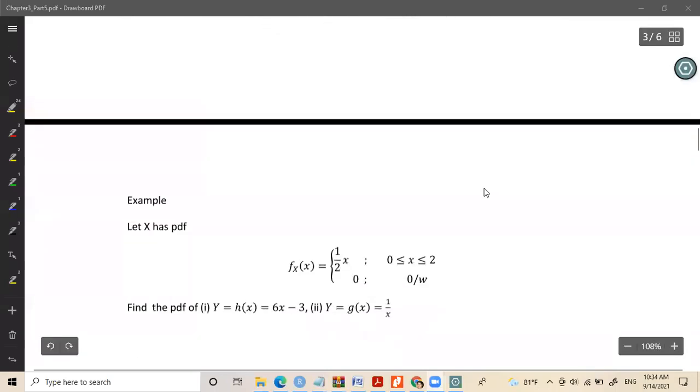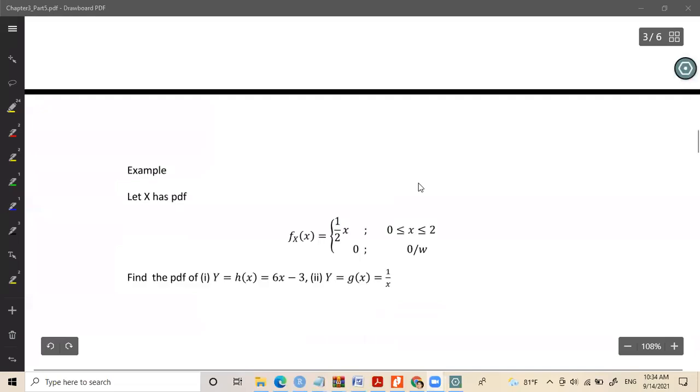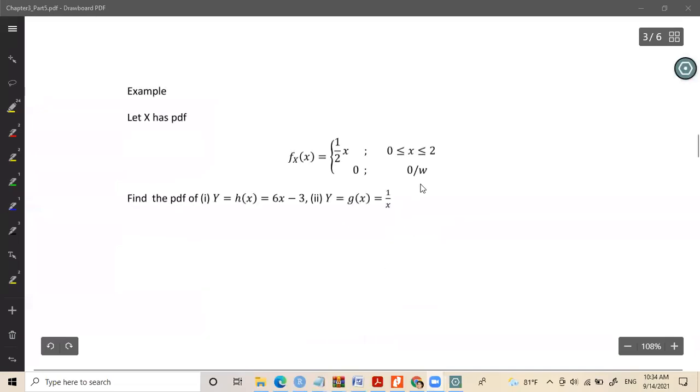Okay, so here's our first example. The PDF of x is given as 1 over 2 times x. The support of x is from 0 to 2, and 0 otherwise. You have to find the PDF of y. The first one is when the function is 6x minus 3. That is a straight line, a linear function.